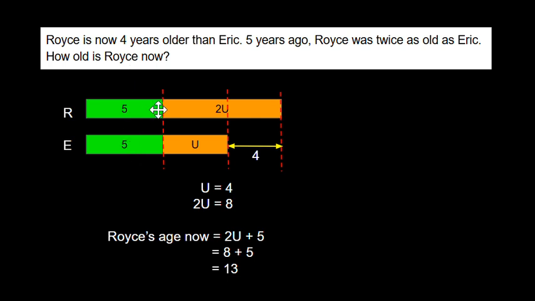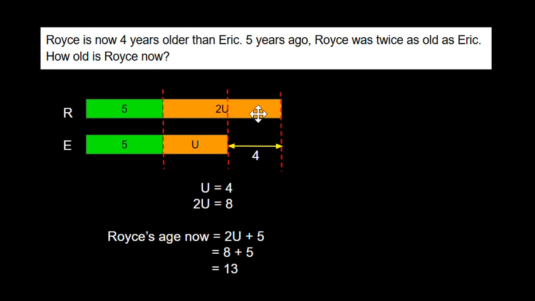Okay, so 5 years ago, he was twice as old as Eric. Which means that 5 years ago, you can take away 5 on both sides. So what they are telling you is that this is the long bar, this is the short bar, there's an age difference of 4 units. So 5 years ago, if you take away 5, you draw it here, this is 1 unit, this is 1 unit.